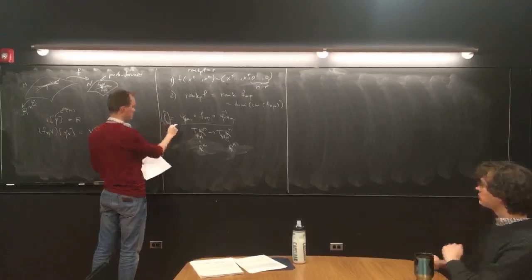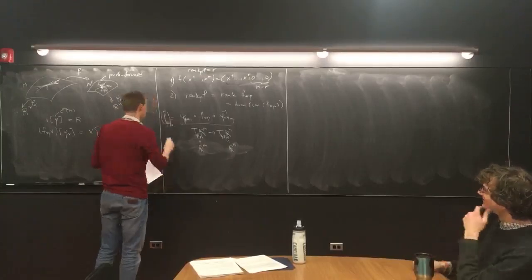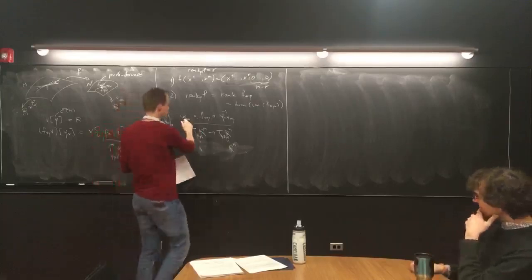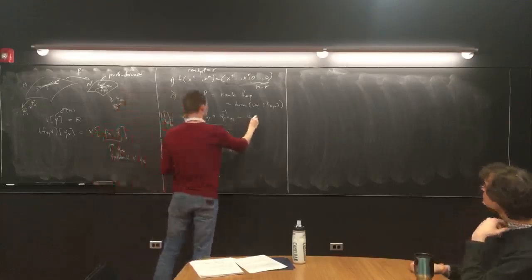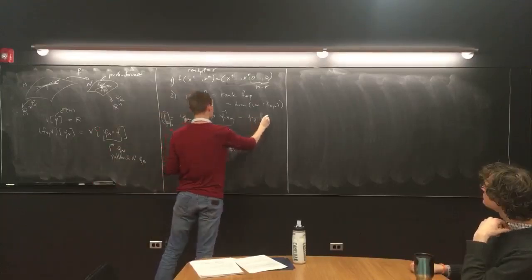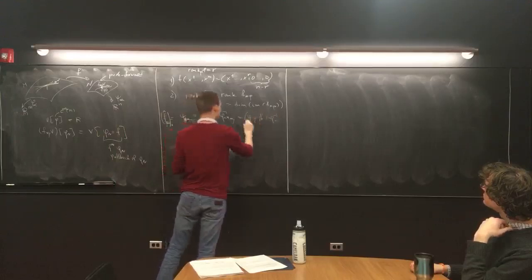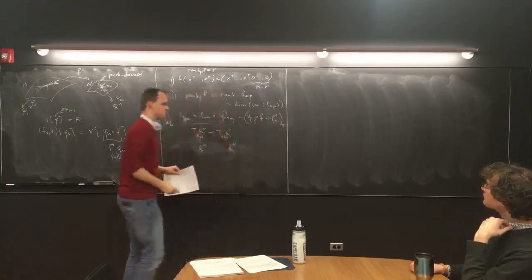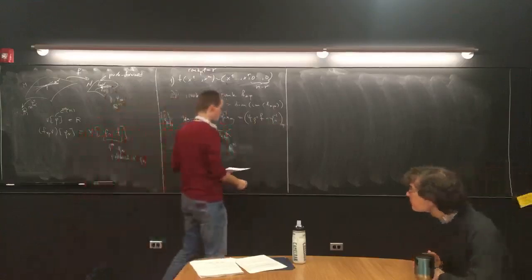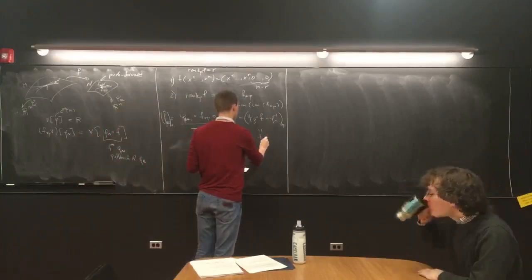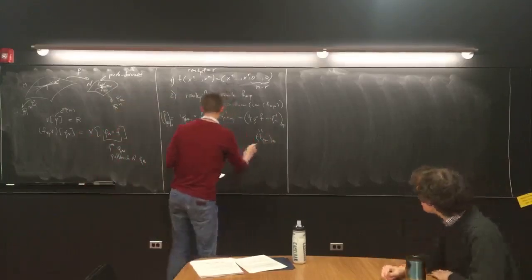I can put beta and alpha on the outside because of the chain rule, right? This is psi beta f alpha, which is f beta star.